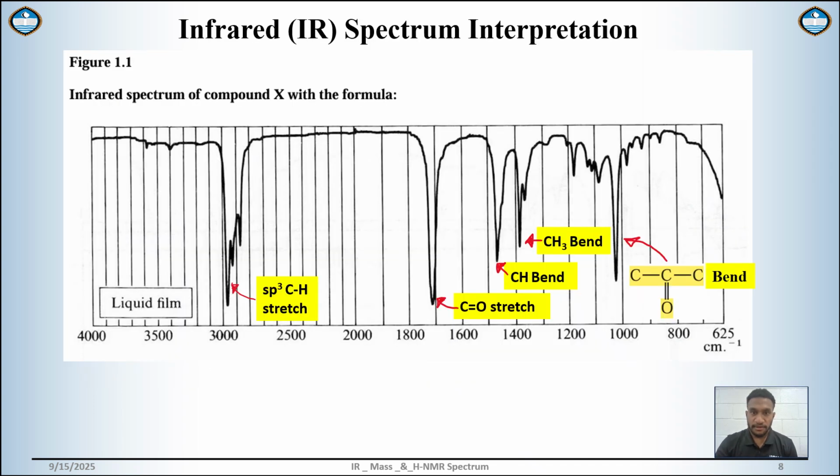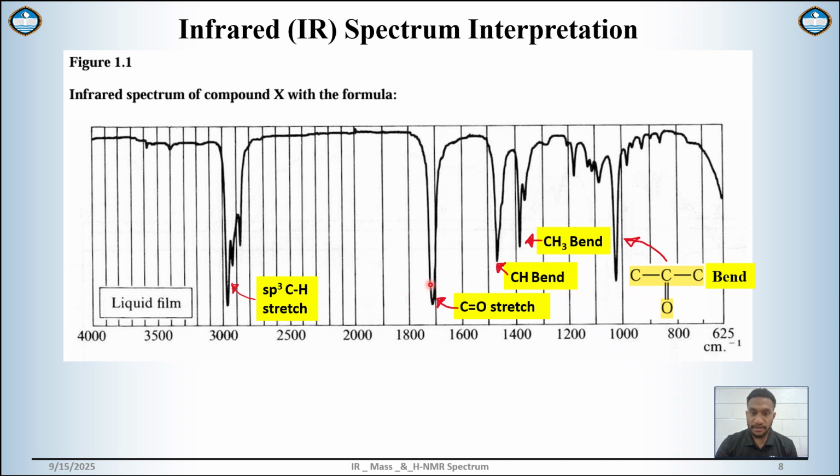Infrared spectrum interpretation. As you can see on the infrared spectrum of compound X, the first peak, which is approximately at 2865 to 2975 reciprocal centimeter, shows an sp3 C-H stretch.